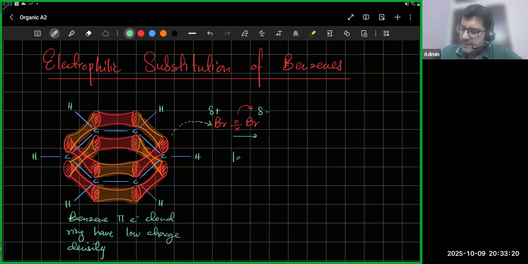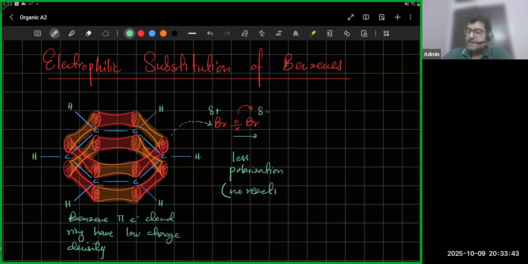So there is very less polarization that's happening. And if the electrons are very distributed, they're not going to attract this positive bromine towards themselves. So the attraction is not strong enough and there's no reaction. Okay, so on its own, there's going to be less polarization, and therefore there's no reaction happening.